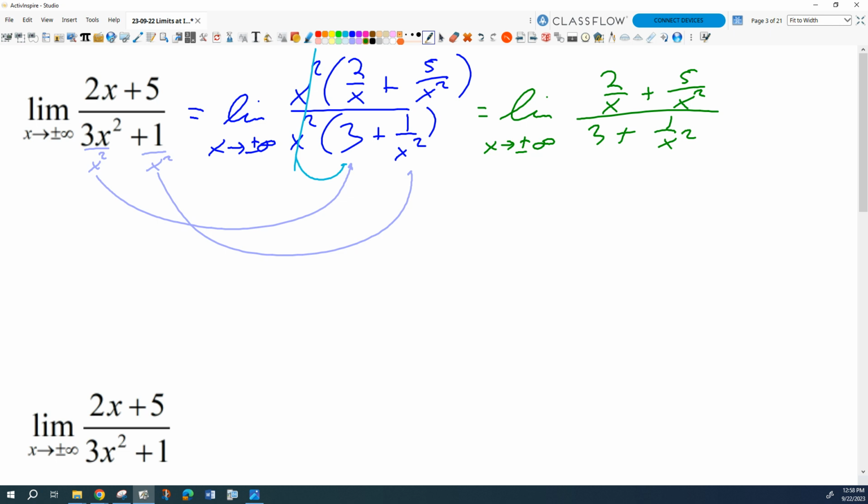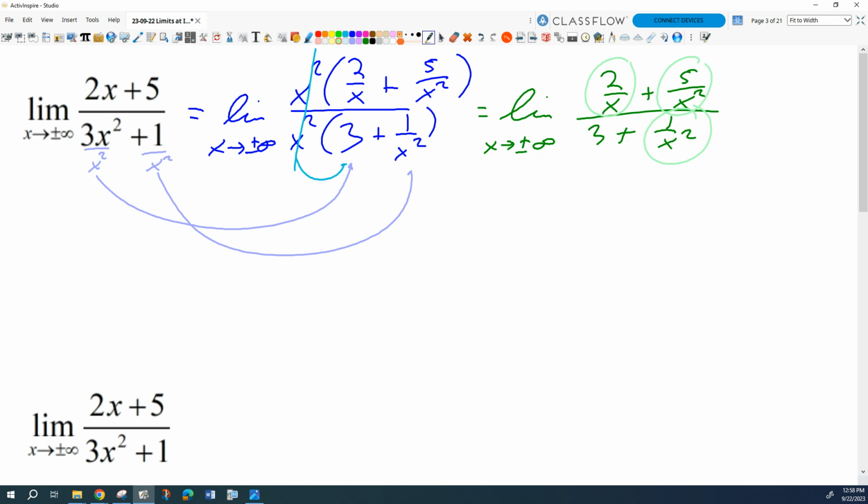What happens if I take my limit, meaning I evaluate directly? If I let x go to the infinities, what happens to each of these fractions here? If x is going to positive or negative infinity, what value does the fraction approach? 0, right?